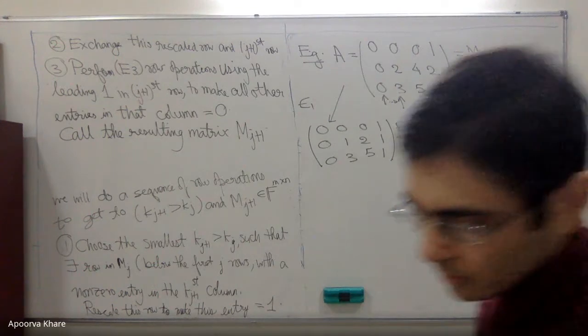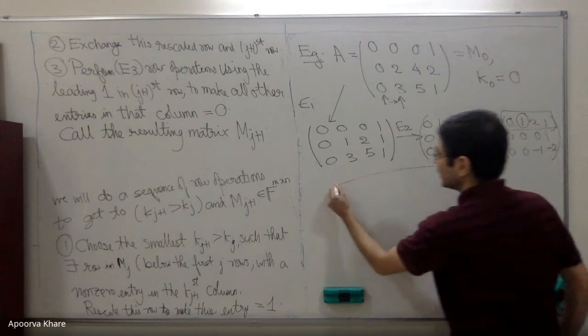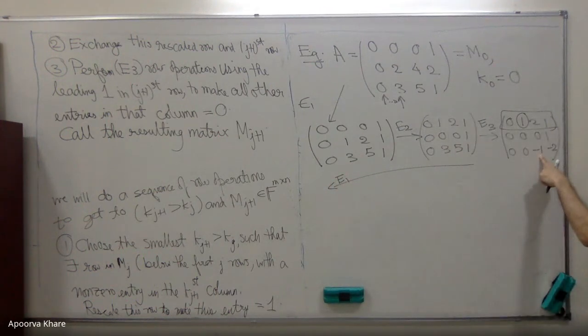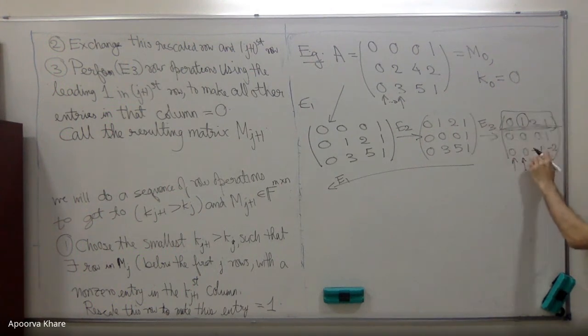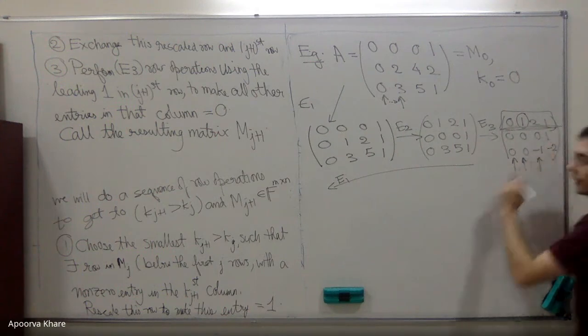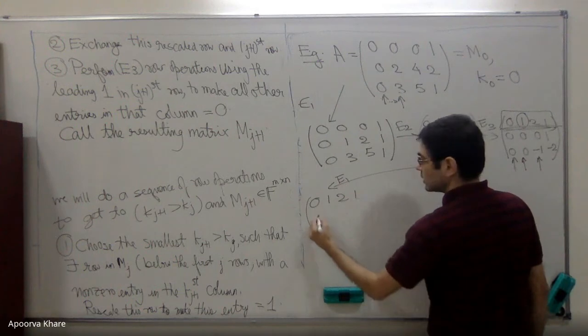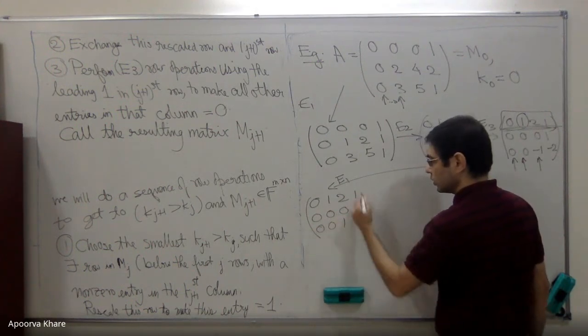So we have already seen what happens here. Let's now again do the same thing. So E1 now for this one: the first two columns are done, I look at the third column after the first two. That row is fixed. Aha, there is a non-zero entry. Make it 1. So 0, 1, 2, 1, 0, 0, 0, 1, 0, 0, 1, 2.